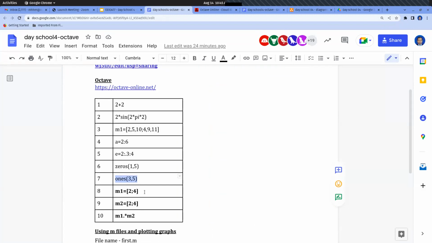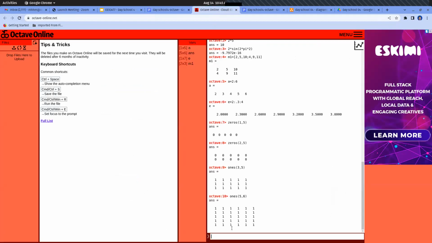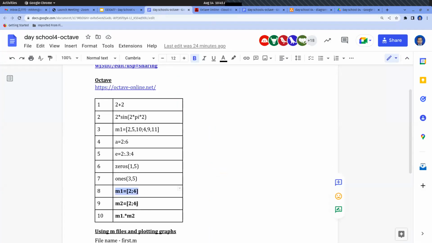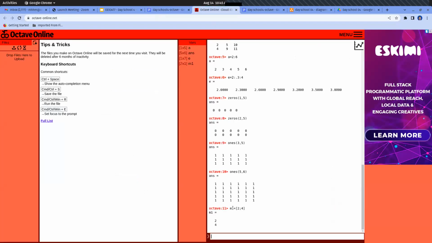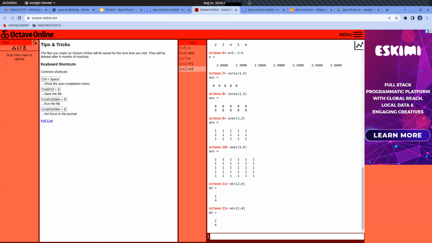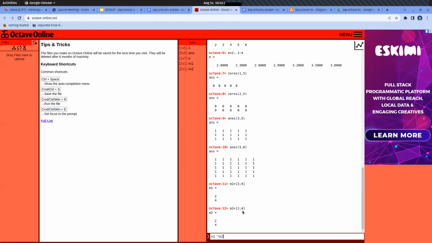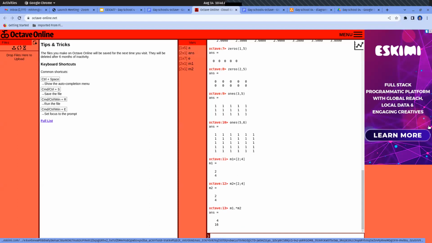Here, this one multiplies m1 into m2. Put a dot here: m1 dot multiply m2. The answer is 4 into 6.